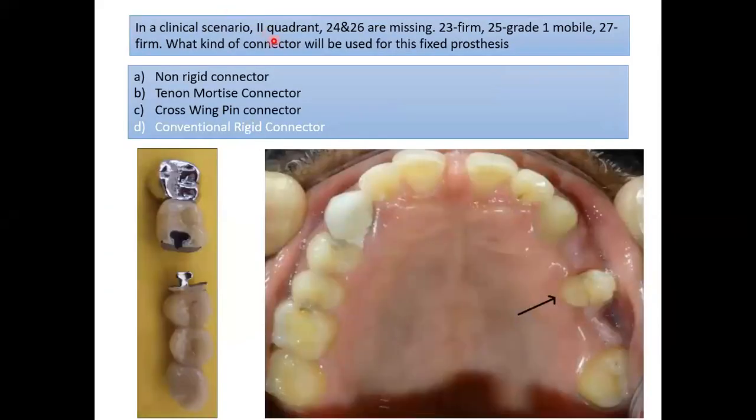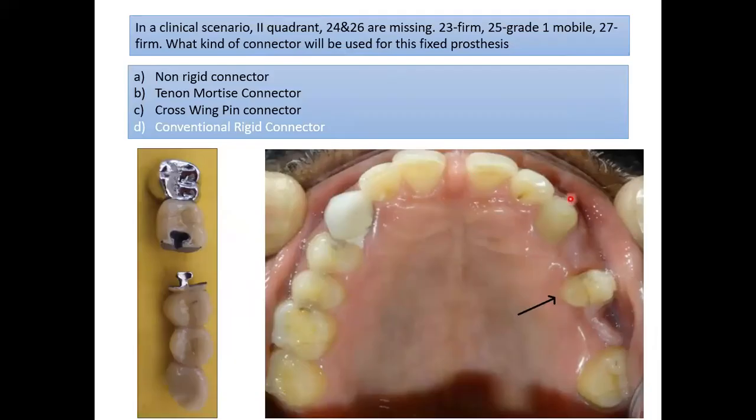So in a clinical scenario, in the second quadrant, you have your 2.4 and your 2.6 missing. Your 2.3 is firm and good. Your 2.5 is a little bit mobile, say grade 1 or less than grade 1 mobility. Your 2.7 is firm and good. So what kind of connector will you be using for replacing with a fixed prosthesis?